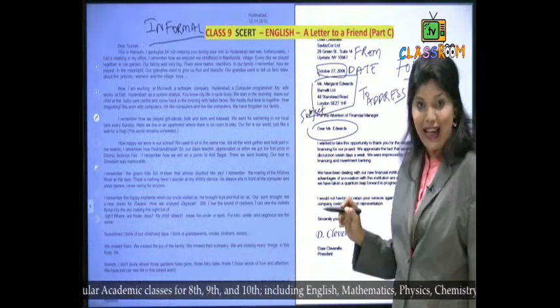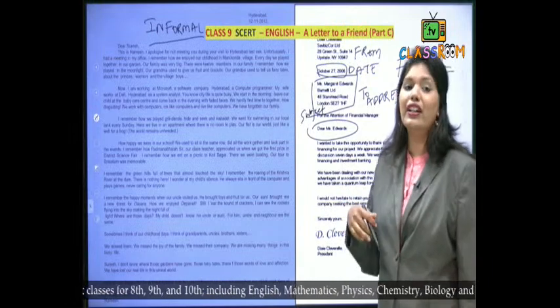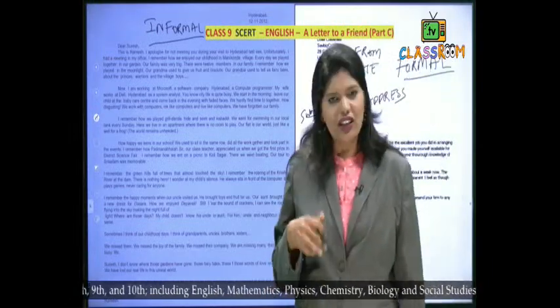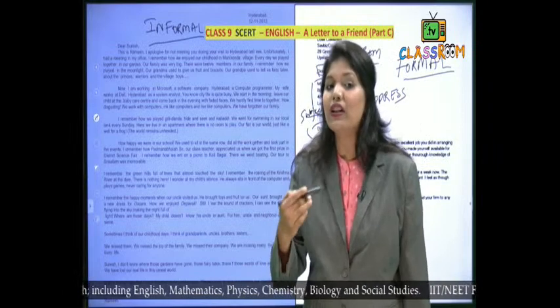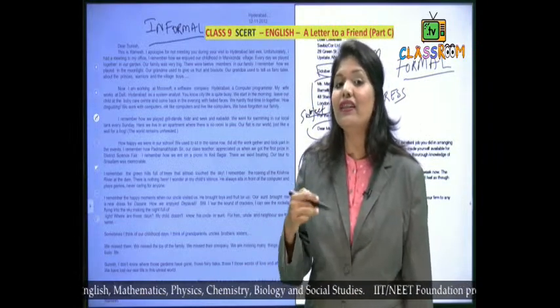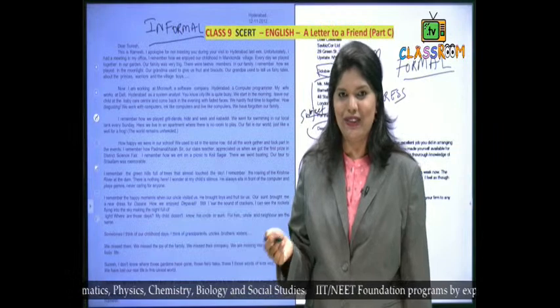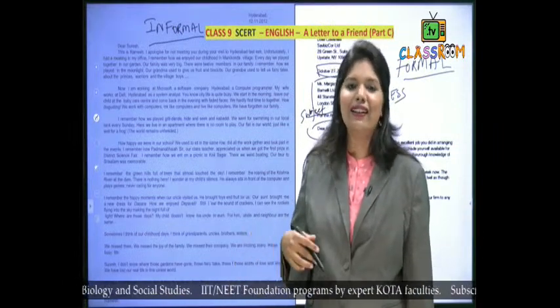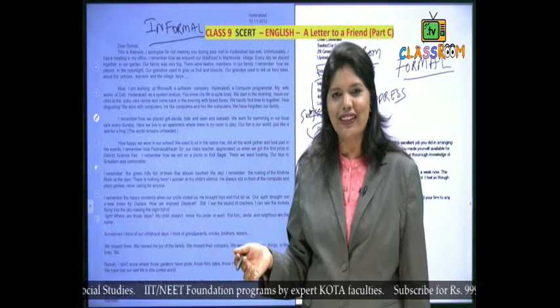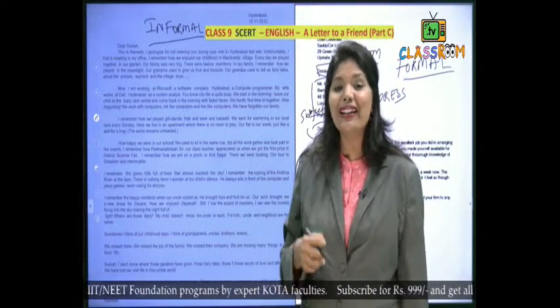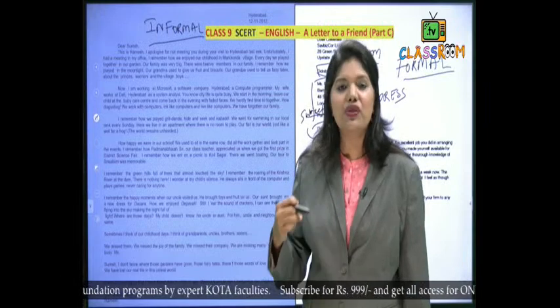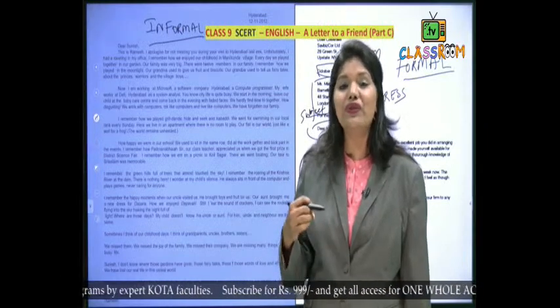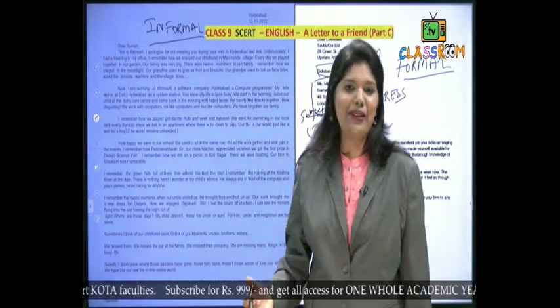And then we have the salutation. Dear sir, dear Mr. Singh, dear whatever. But you have to address them with their titles. You cannot say, hey, Matthew, how are you today? You have to use their titles, Mrs. So-and-so, Mr. So-and-so, and their full names.